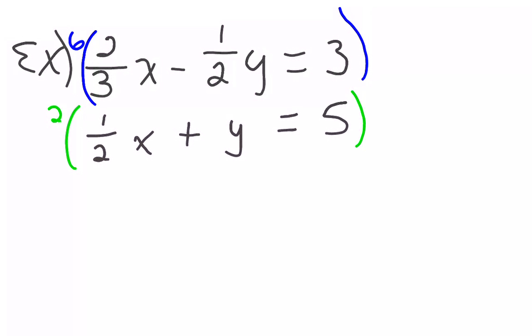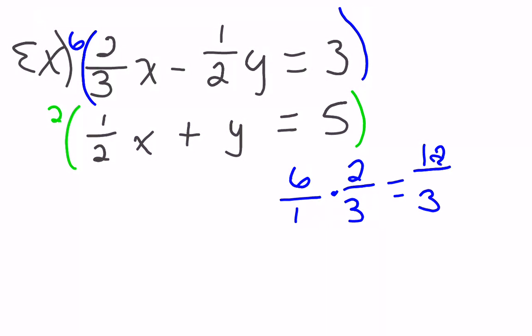But the first part, we have 6 over 1 times 2/3. And remember, we can write any whole number as a fraction by putting it over 1. The other thing is that when we're multiplying fractions, we multiply straight across. So 6 times 2 is 12, 1 times 3 is 3, and then 12 divided by 3 is 4. So that first one, we're going to have 4x. Okay.